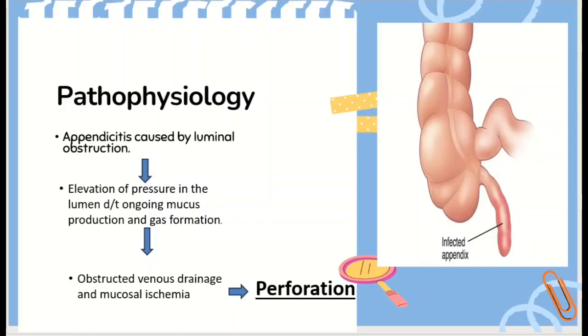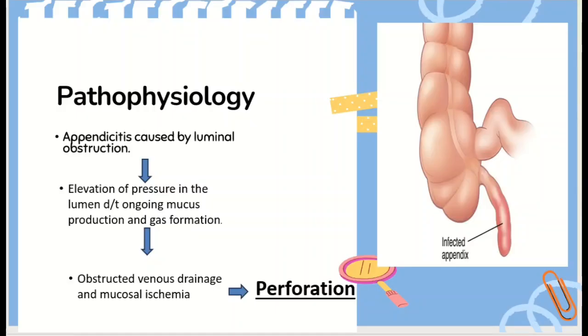This will cause obstructed venous drainage and mucosal ischemia, ultimately leading to perforation. The most common site of perforation is the tip of the appendix. Perforation, localization of the perforated site by greater omentum and dilated ileum may lead to formation of a lump or abscess.